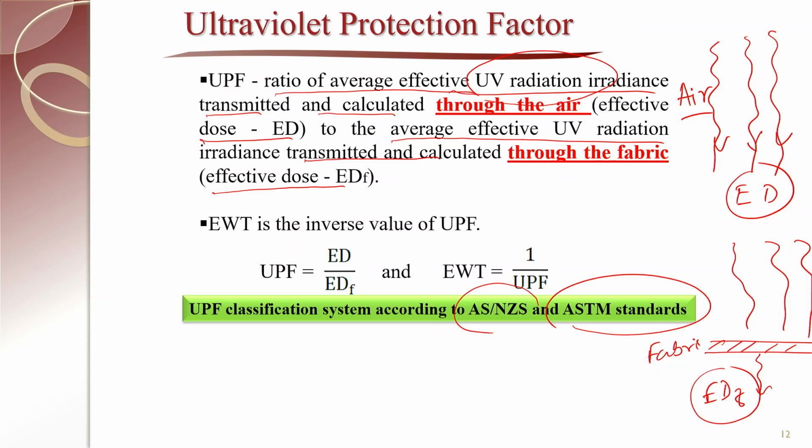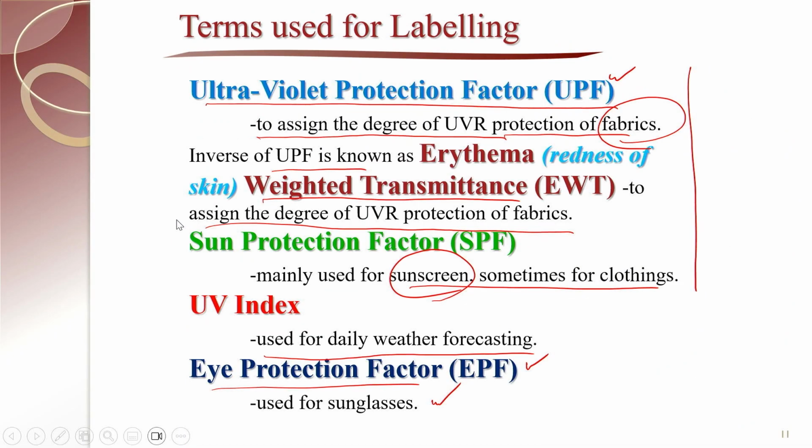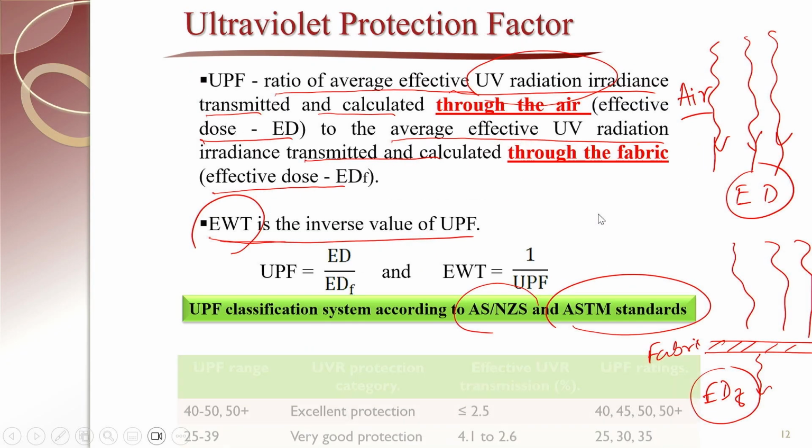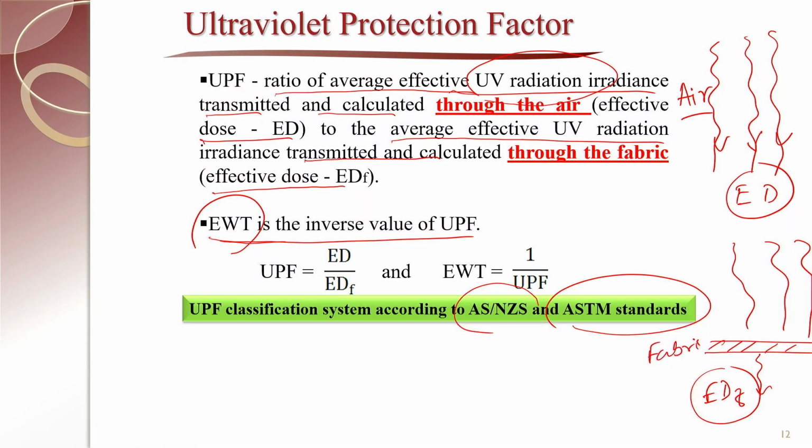The erythemal weighted transmittance, EWT, as we have discussed, is the inverse of UPF. So, UPF is ED by EDF.